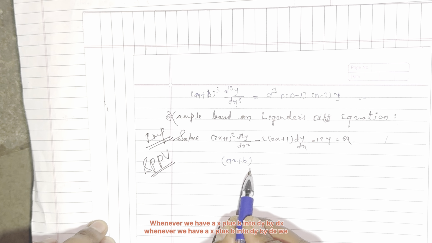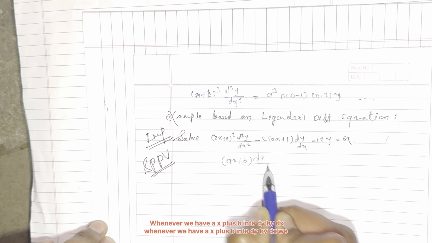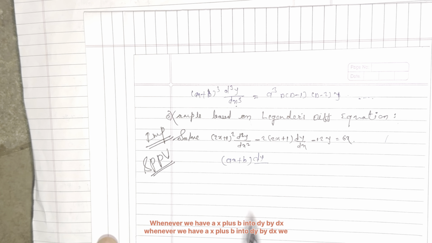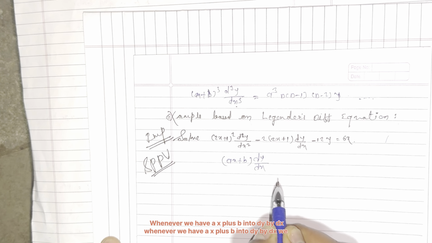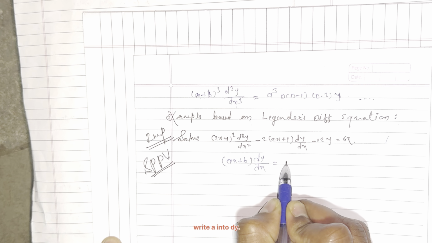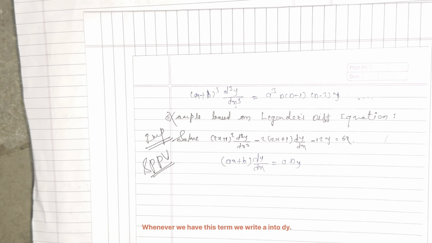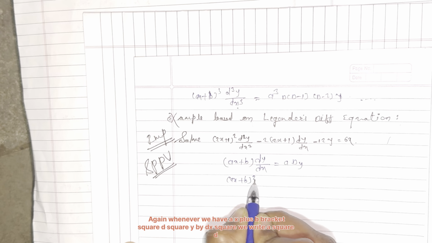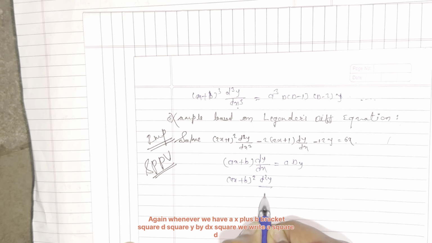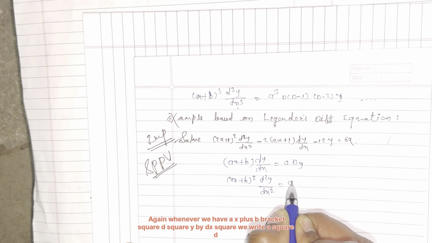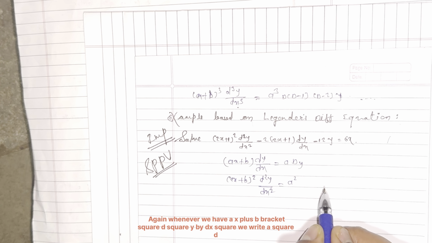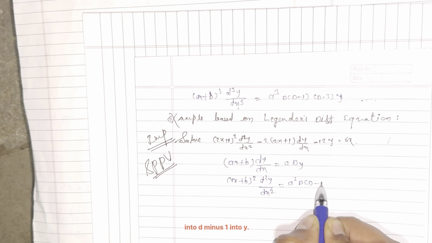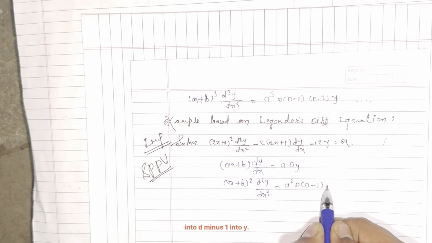Whenever we have (ax plus b) into dy by dx, we write a into D y. Whenever we have (ax plus b) squared d square y by dx square, we write a square D into (D minus 1) into y.